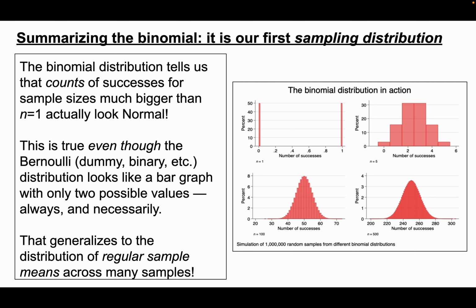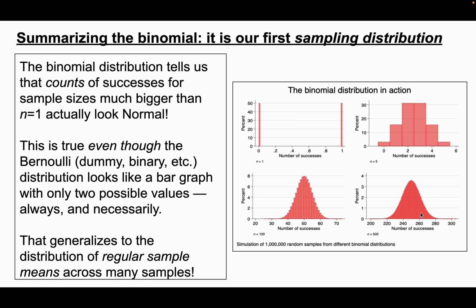Okay, so what happens when we increase the sample size? Well, then it turns out that any given sample has a count that comes from a distribution that looks normal. So for example, if we were to flip a coin 500 times and it's a fair coin, we know that the distribution of counts of successes, or heads in this case, although also tails because they're both equally probable, looks like this.